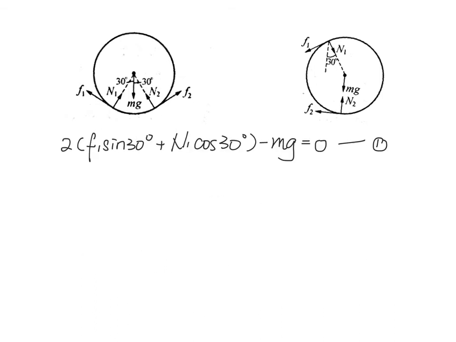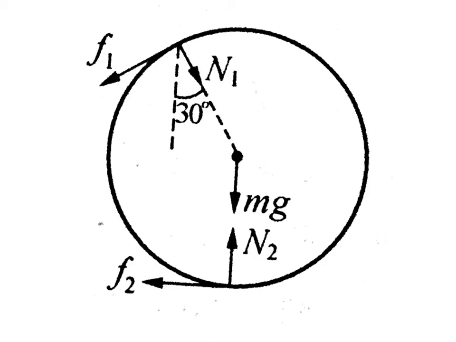Now let's analyze the free body diagram on the right. In vertical direction, we have mg, gravity, we have N2, upward, and we have N1 times cosine theta, as well as F1 times sine theta.